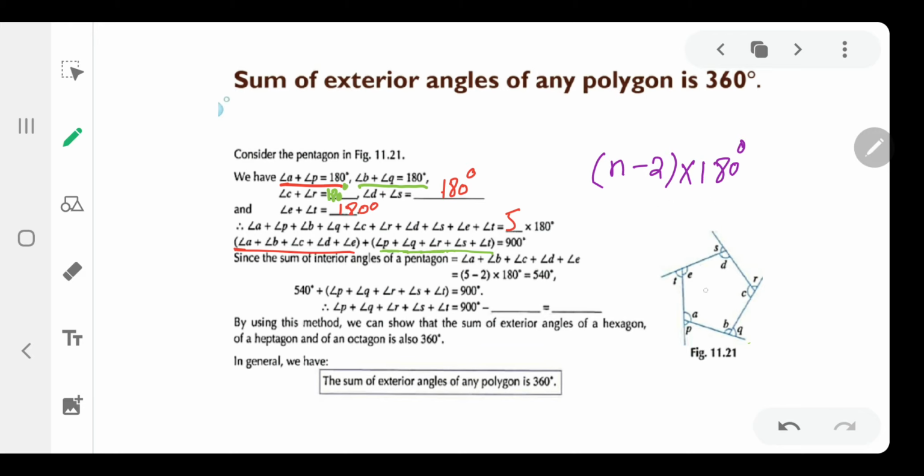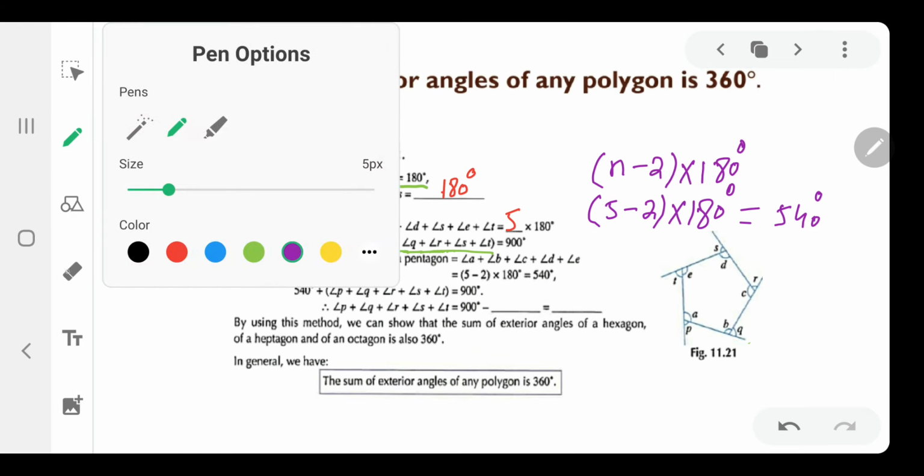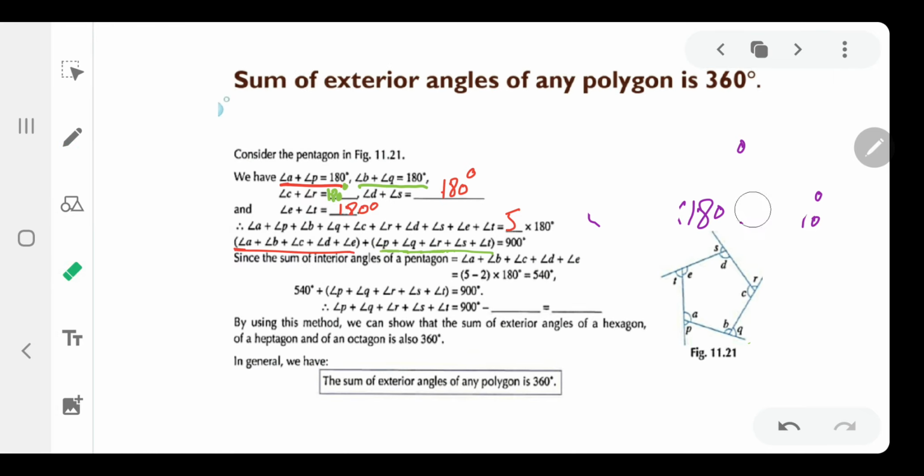How many sides are here? There are 5 sides, so we use the same formula: 5 minus 2 multiplied by 180 degrees, which gives us 540. So the sum of all interior angles is 540.